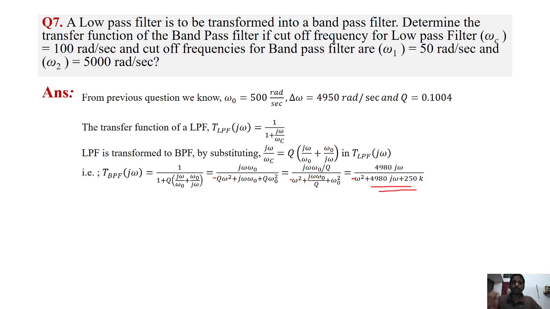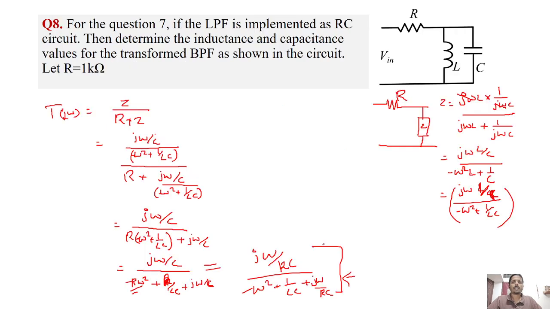Okay. So already I have got such an equation, and I have got a similar equation here. See, the numerator is j omega into 1 by RC and the denominator is minus omega square plus 1 by LC plus j omega by RC.